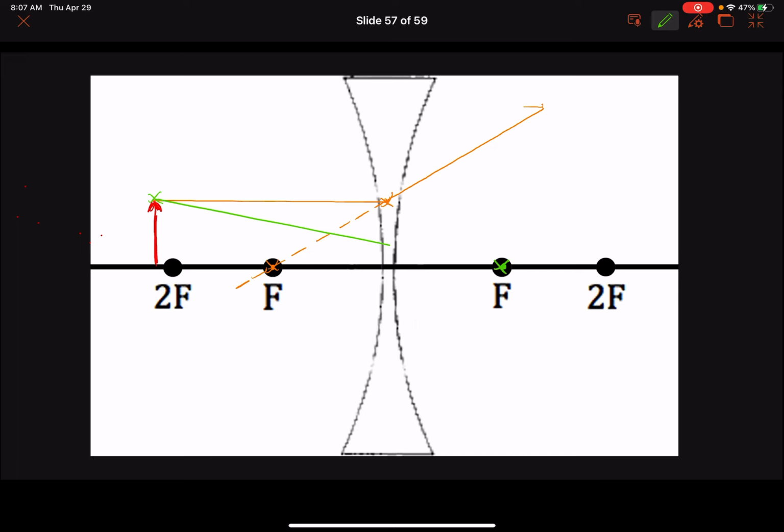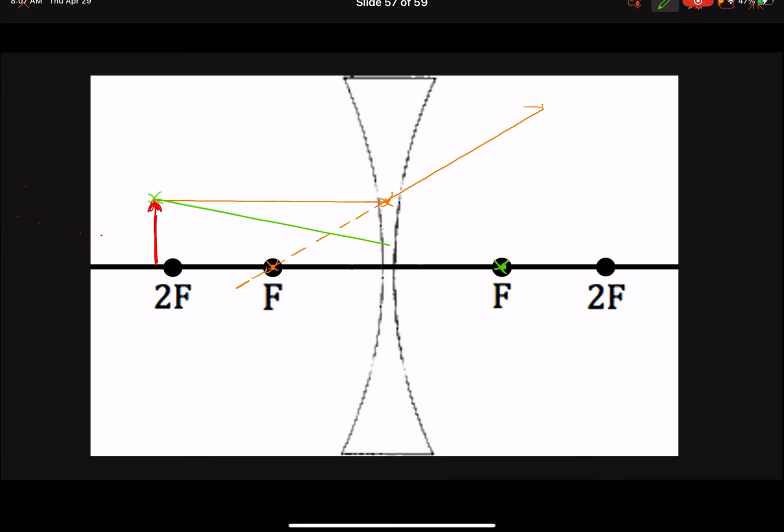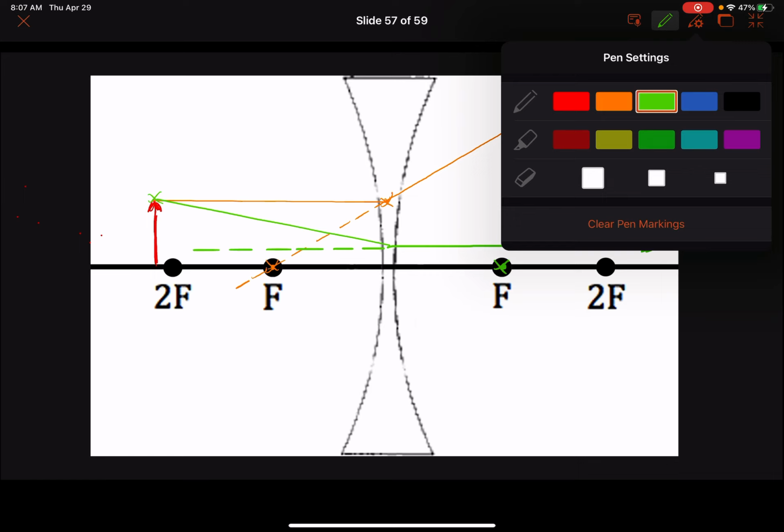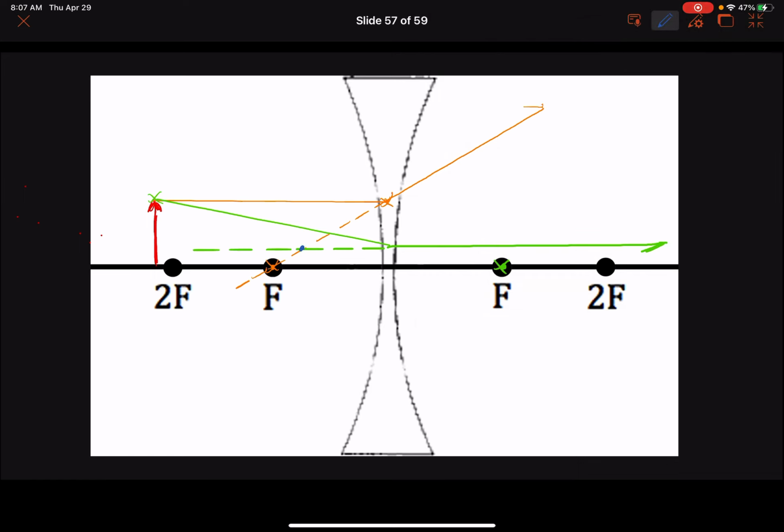I'm gonna do my best to align this ruler parallel to the axis, although it's a little difficult to do. And then we'll extend it parallel to the right. And then we also need to dash it parallel to the left. And we get an intersection over on the left side, right there. And so that is where our image lies.